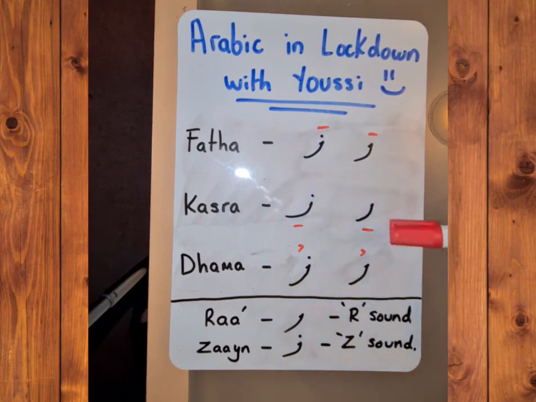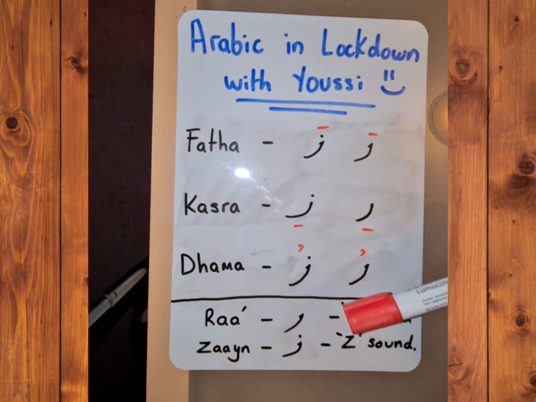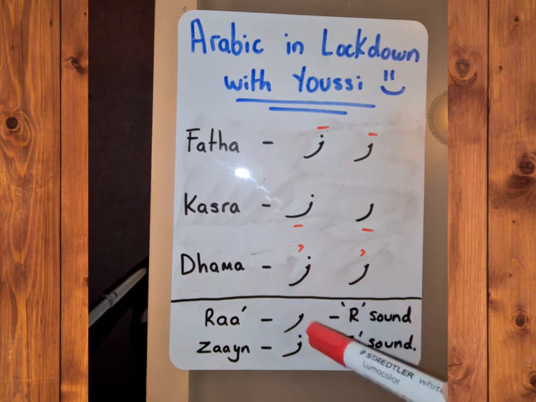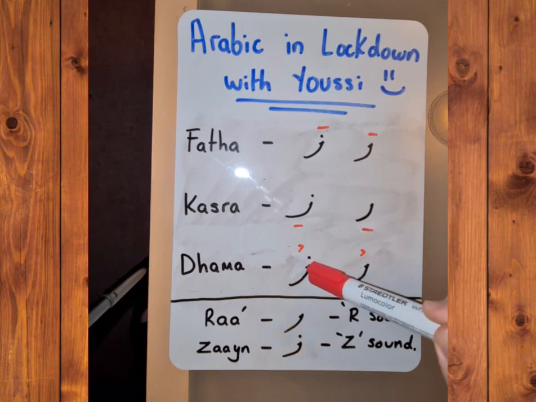With a Kasra, for Ra, it would be Ri, and for Zain, with a Kasra, it would be Zi. With a Dhamma, for Ra, it would be Ro, and Dhamma on the letter Zain, it would be Zo. Okay, so Ra, Za, Ri, Zi, Ro, Zo.